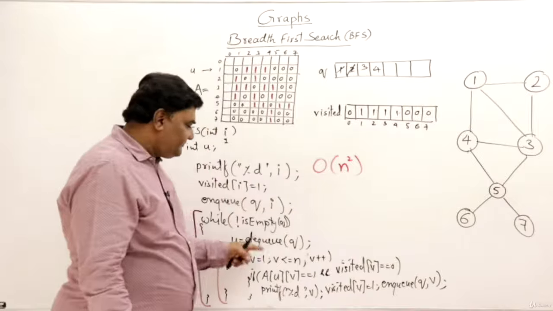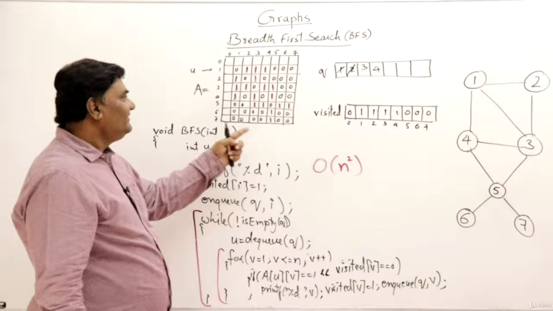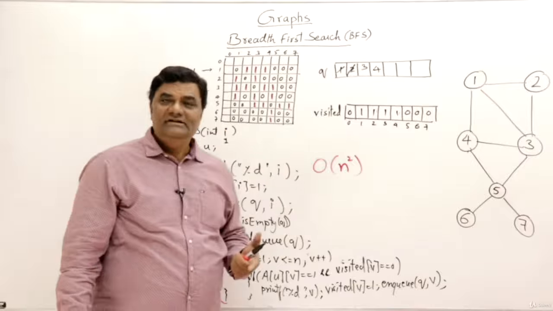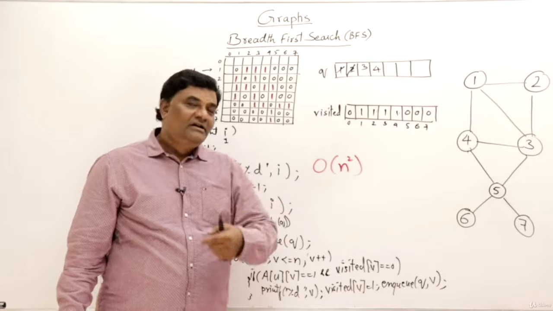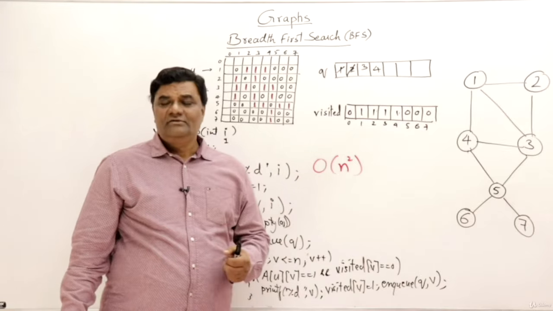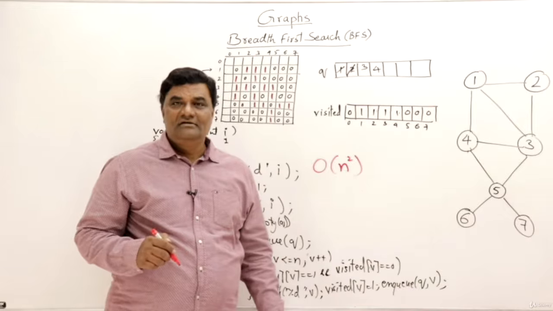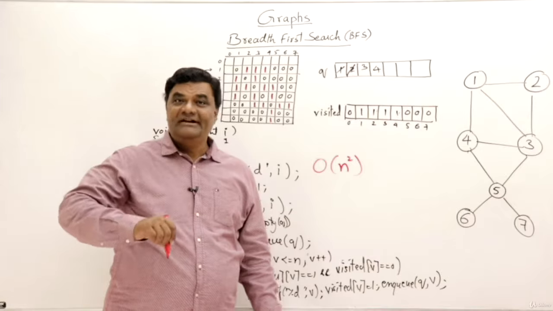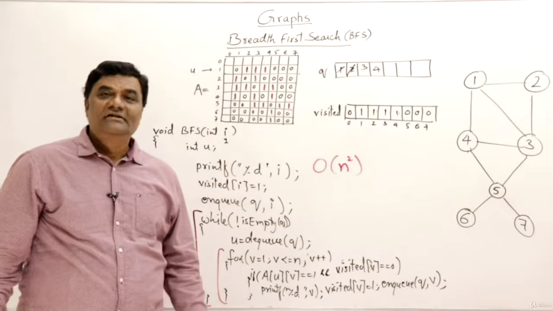So if you imagine, this program will scan almost all the elements in the matrix row by row. Depending on whichever vertex is being explored, it will scan all the elements in a row. So the total time is n square. So implementation wise, the time is n square because the data structure we are using is a matrix.